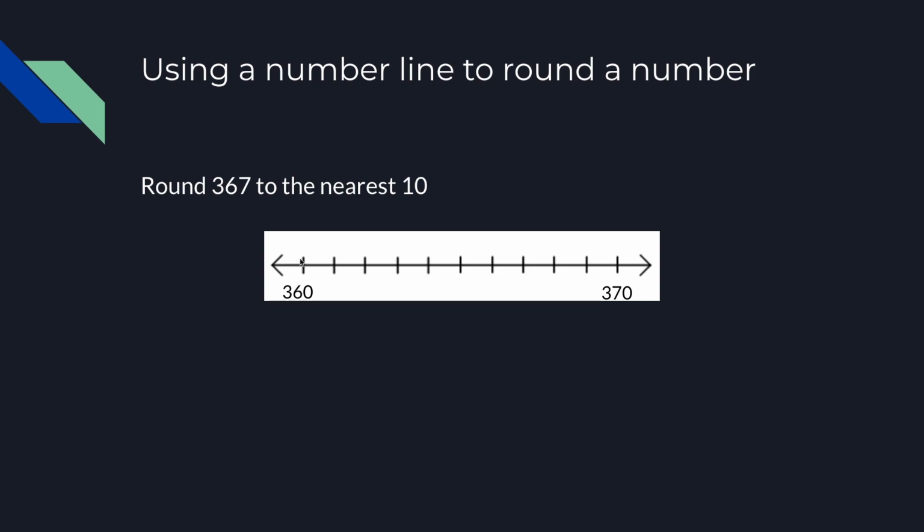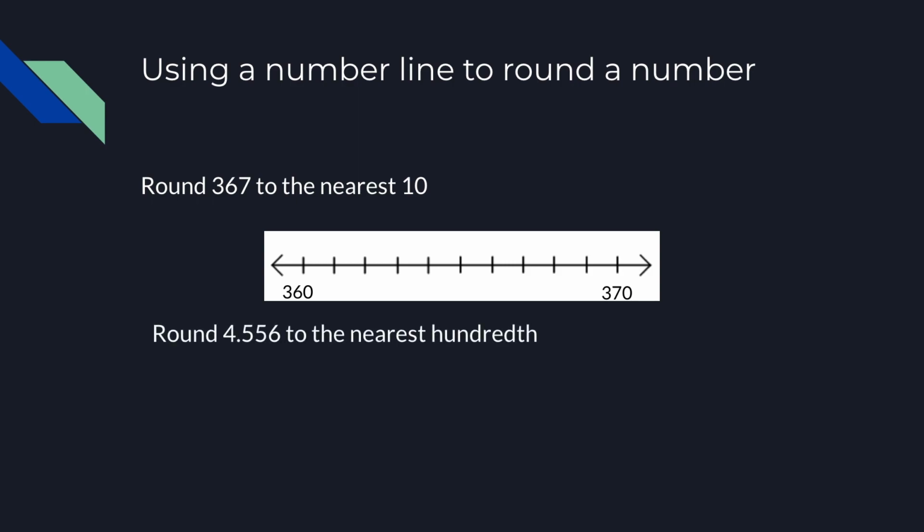So if this is 360, 361, 362, 363, 364, 365, 366, 367. So 367 would go right where my mouse is now, which would mean that it is closest to 370. So again, include this example in your notebook.